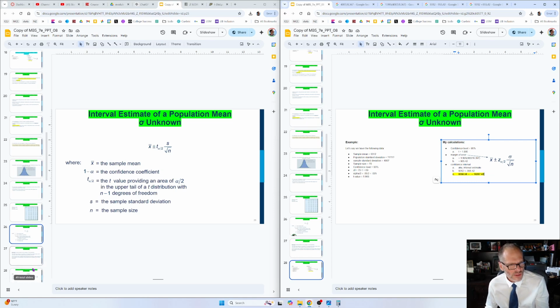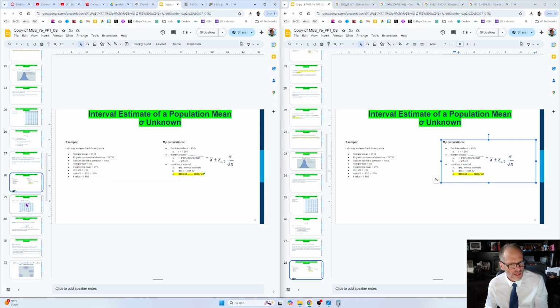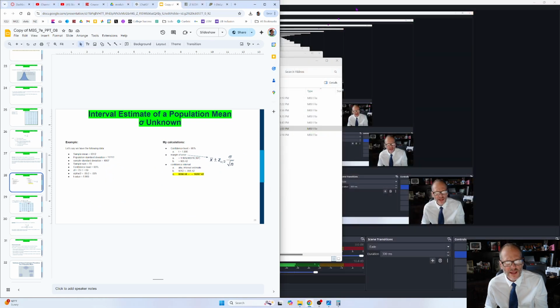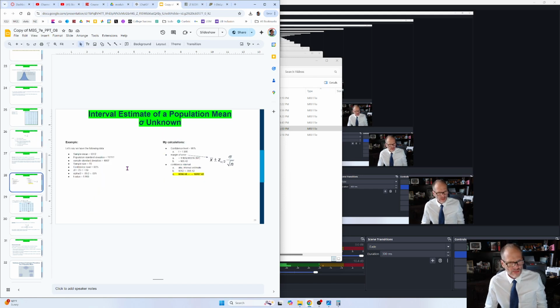Let's see what the book says, okay? So here's the problem. Here are our calculations, and we could get rid of this side over here. And I do need to change this one right here. So I'm going to take this, come over here and change that, swap that out, and drag this one over here and put it right there. Okay, like that.